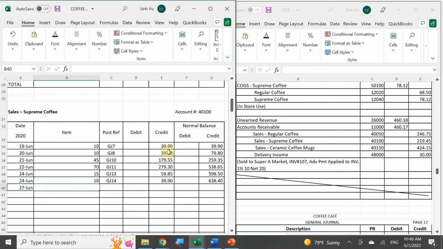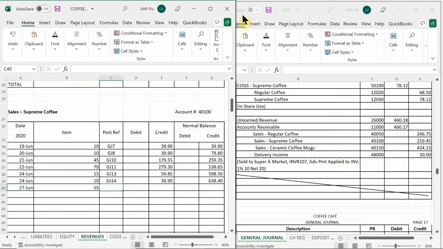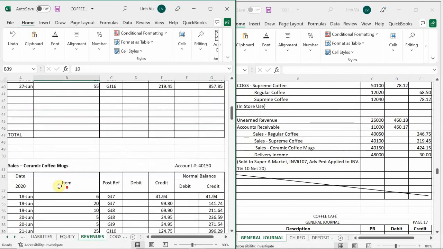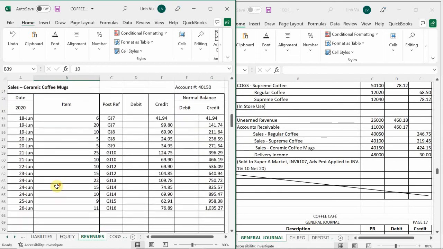We end up selling 55 pounds, which cost us $219.45. Okay. And that increased my checking account by $857.85. Okay. And we also end up selling our coffee mugs.